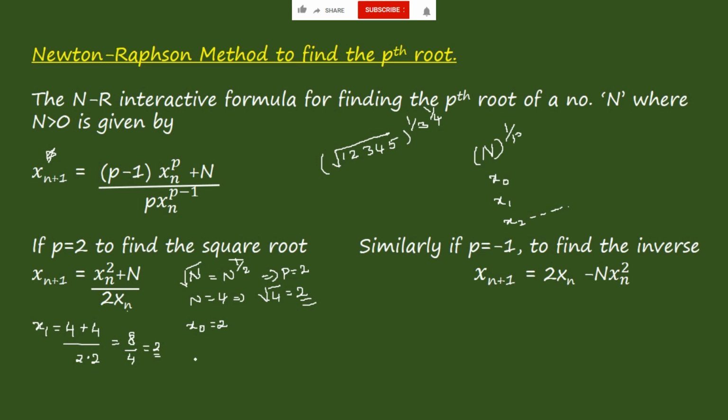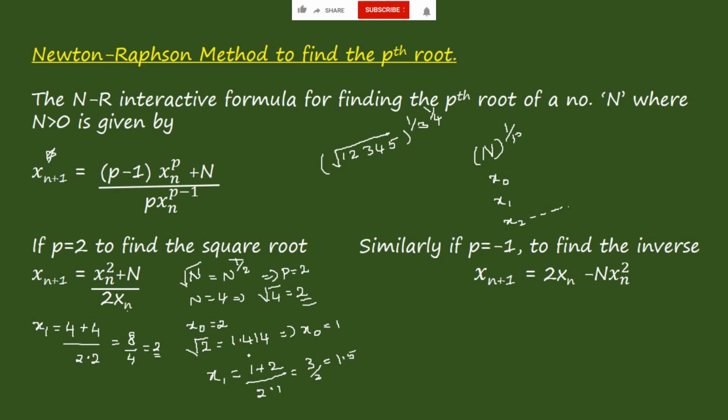If you want to find the square root of 2, we know that it is almost equal to 1.414, right? Now in this particular case, we'll assume that x naught is equal to 1, say. Then we'll find x1, which is equal to x naught square, which is 1, plus n, which is 2 here, by 2 into 1, which is equal to 3 by 2, which is equal to 1.5, right?